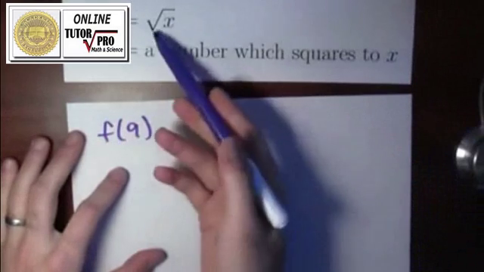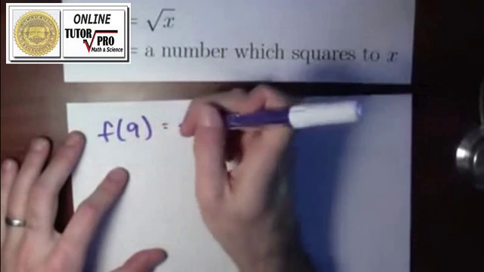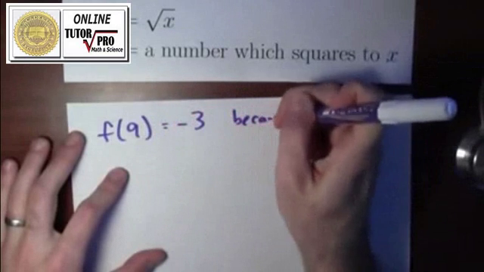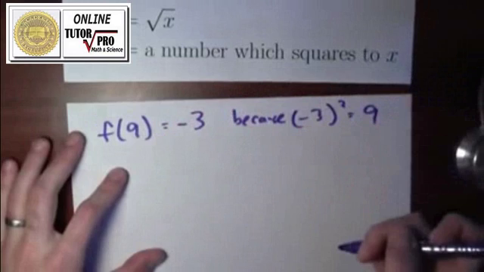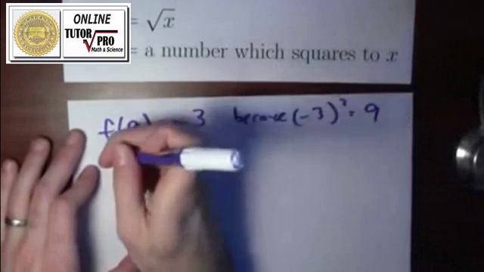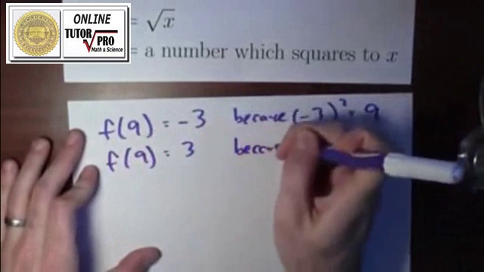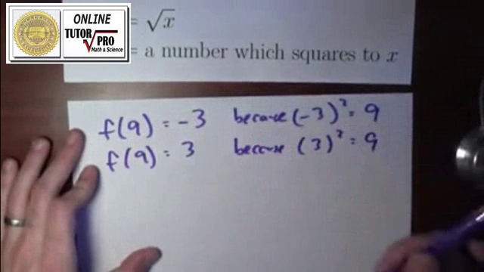Well, if you're thinking the square root of x is a number which squares to x, then you might think that f of 9 would be minus 3, right? Because minus 3 squared is 9. But then you might also think that f of 9 should be 3, right? Because 3 squared is also 9.